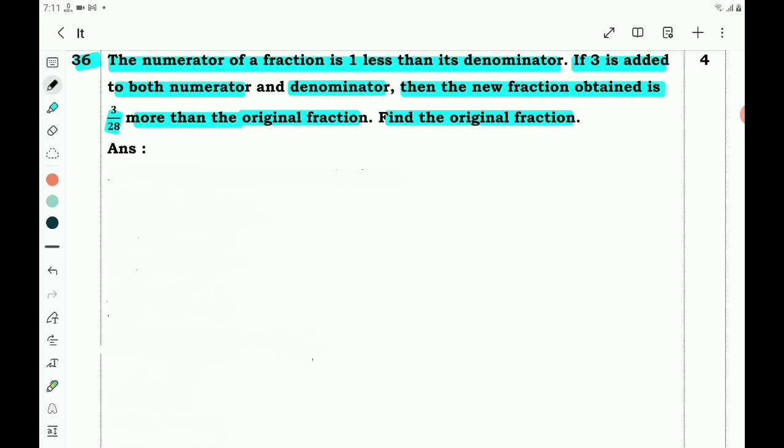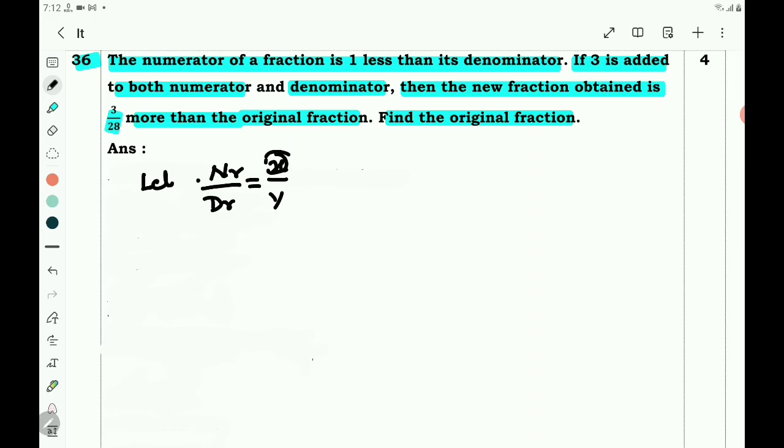Here the numerator of a fraction is 1 less than its denominator, means first you take the original fraction as x by y. Let us take nr by dr, where nr means numerator, dr means denominator, equals x by y.